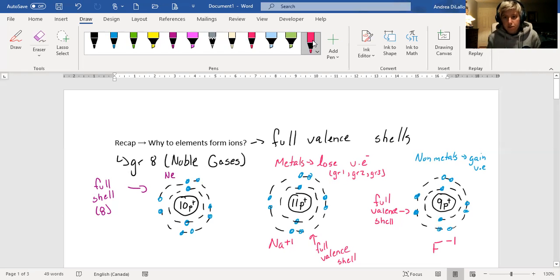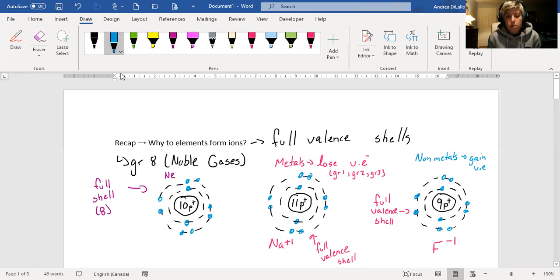And we can see that fluorine has the same electron configuration as its nearest noble gas, which is neon. So when elements are losing and gaining electrons, they're actually forming a chemical bond. In this case, they're forming an ionic bond. And that's where we have these ionic compounds, due to elements gaining and losing electrons.